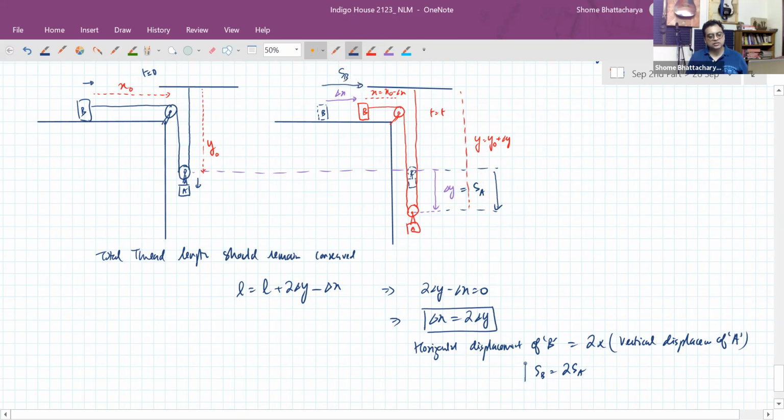So this is the relationship between their displacements. This is called the constraint relation. And this constraint relation is coming from the fact that the thread length is conserved.